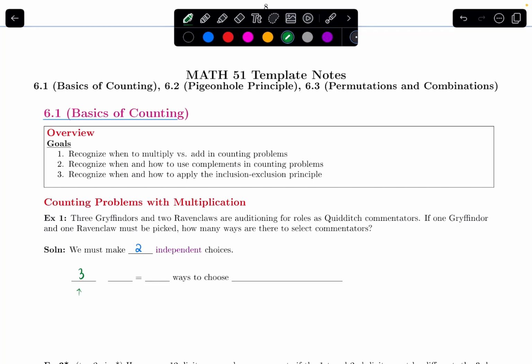3 ways. There are 3. This is the number of ways to pick a Gryffindor. Okay, and there are, because there's 2 Ravenclaws, there are 2. That is the number of ways to pick a Ravenclaw.